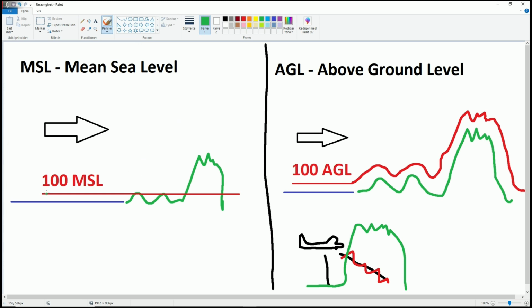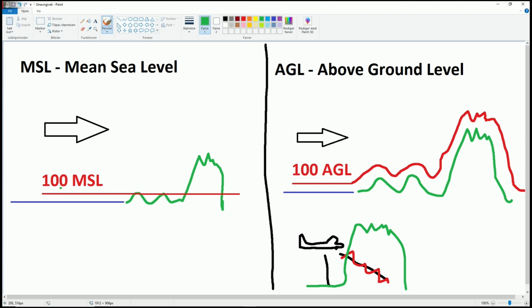In MSL, because it is measured above mean sea level, it does not care how the terrain goes, if it goes up and down, if it's flat desert or mountainous regions. It does not care, because that is not what it measures, and that is not what it is used for.